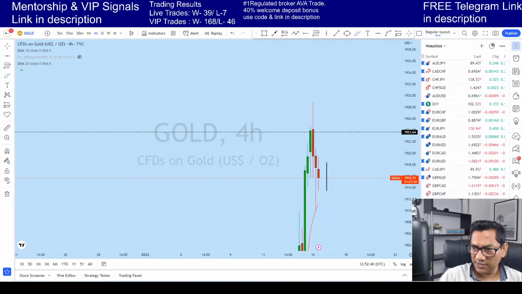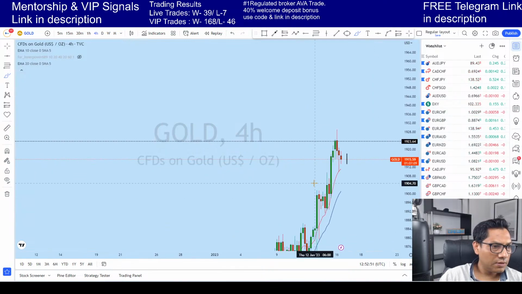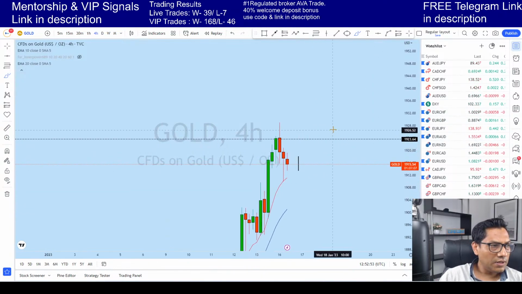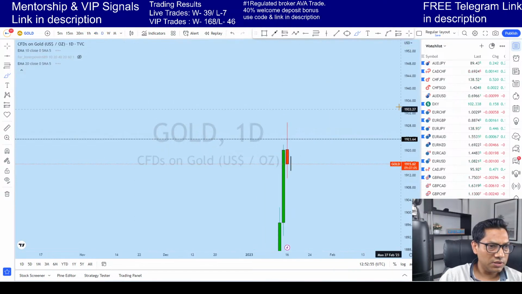There's a gap at 1960. Gold probably reached 1960, is that an old model, isn't it? Let me look at it.